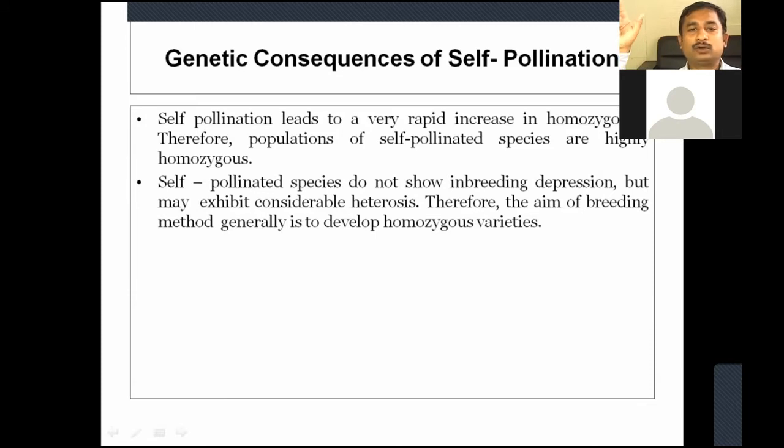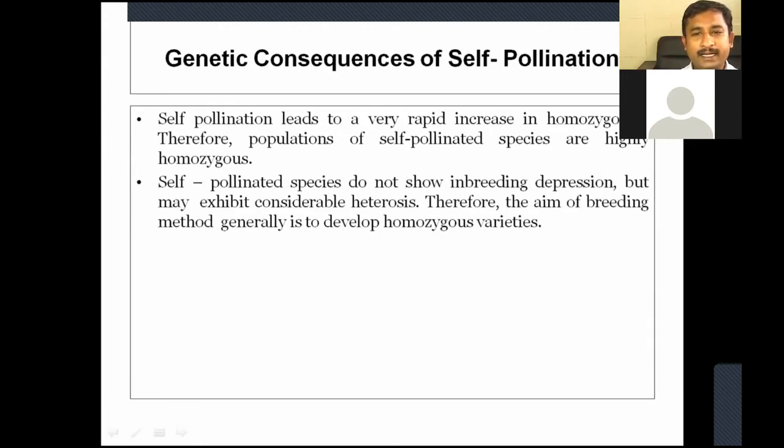For example, the F1 gives even more than the one that gave 10 tons. The progeny of the cross of plant A and plant B, that is called heterosis. Heterosis means the performance of the progeny over the parents in terms of yield or any other parameter that we are considering. That is called heterosis.